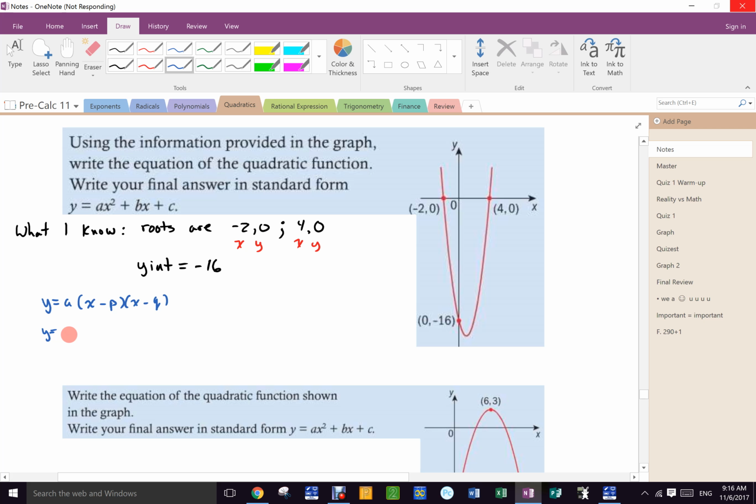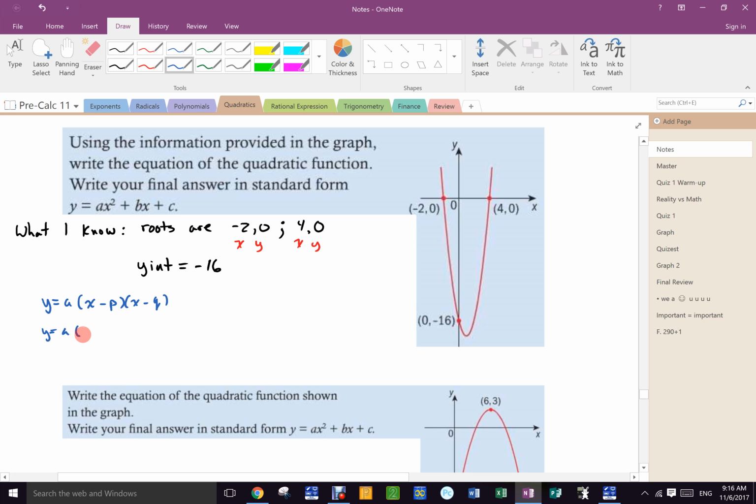What's our first root? -2, so it's x plus 2, yes? Because it would have to be -2 plus 2 to make 0, wouldn't it? What's our other root? X minus 4, because 4 minus 4 would give me the 0 there, wouldn't it?